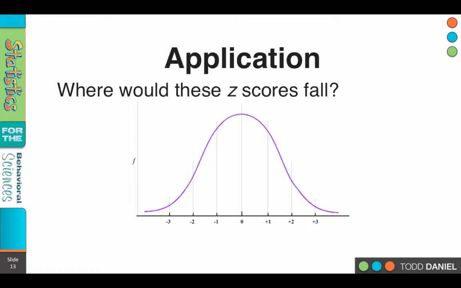So Shifty, with his score of a negative 2.5, would be way down here on the low end of the curve. Mickey, with a positive 0.50, would be right there, and Antonio would be here on the far end of the curve. Now we can look at that z-distribution and we can get a sense for where these scores fall in relation to other people.